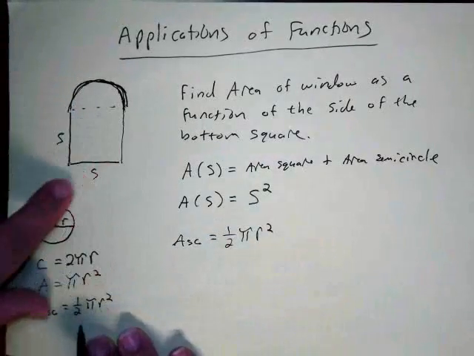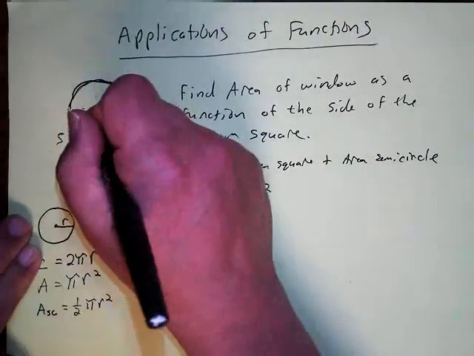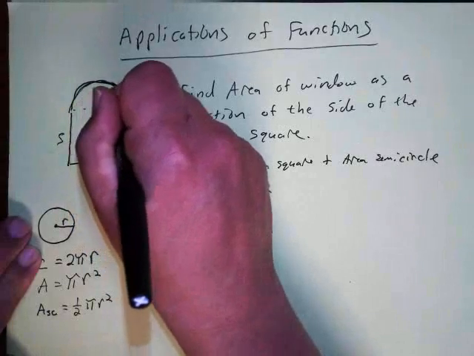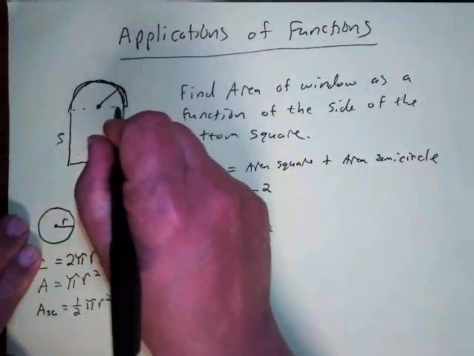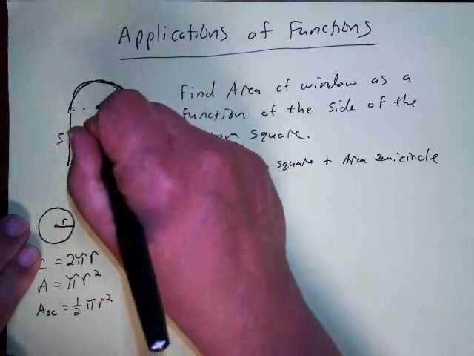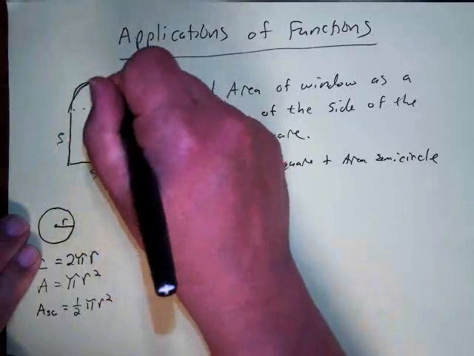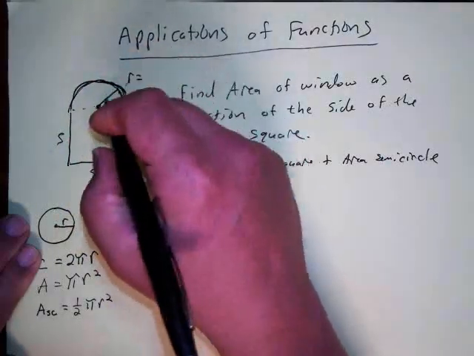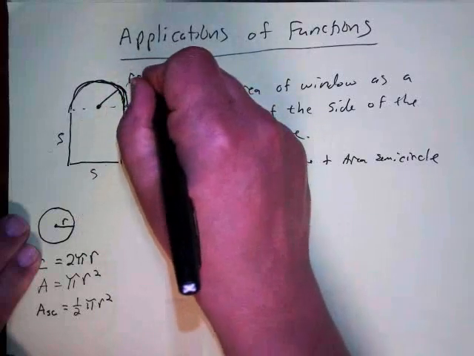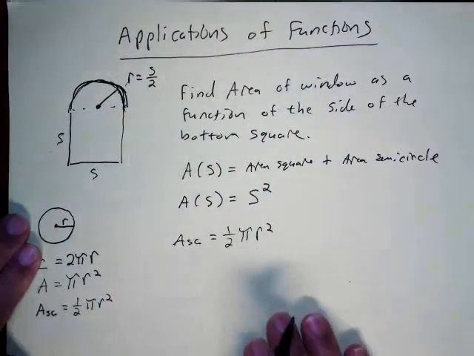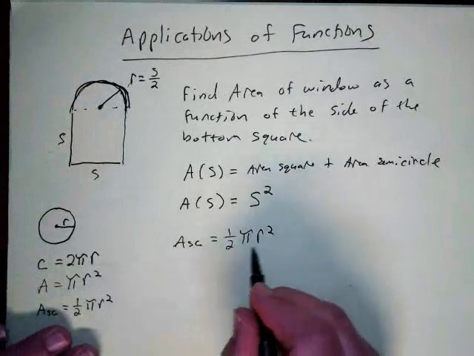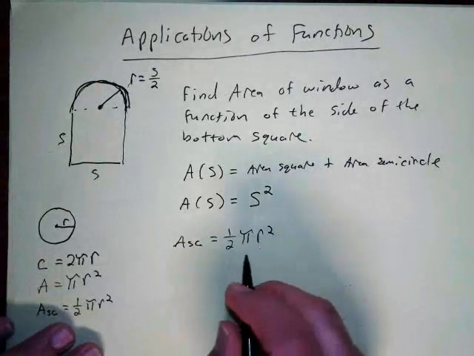What is the radius of this semicircle here? It's the same as this distance around the circle, and this distance, the radius, is 1/2 of S, or S over 2. So I can plug that in for r.